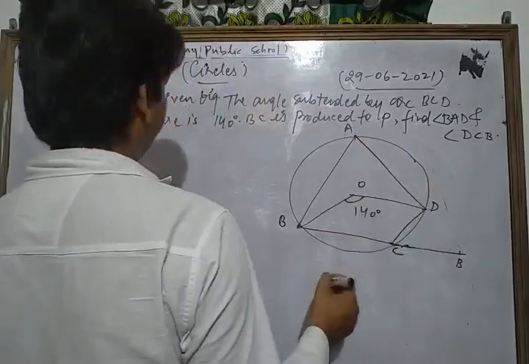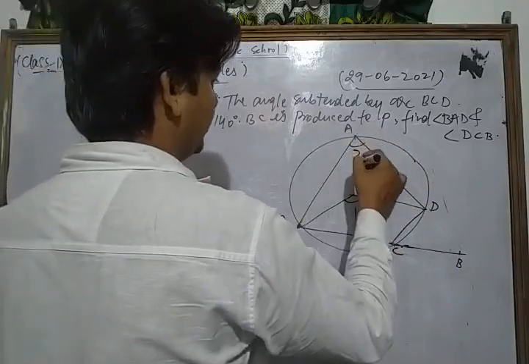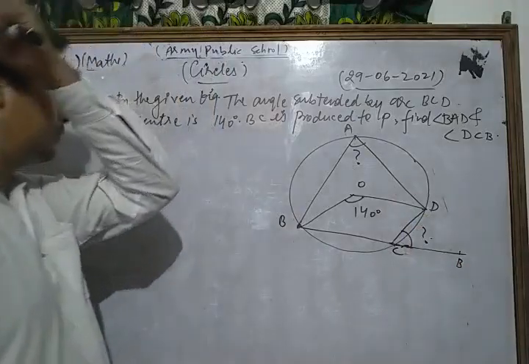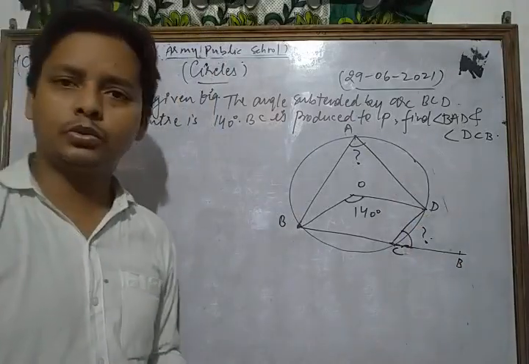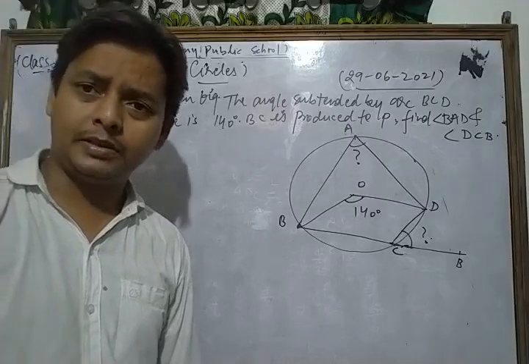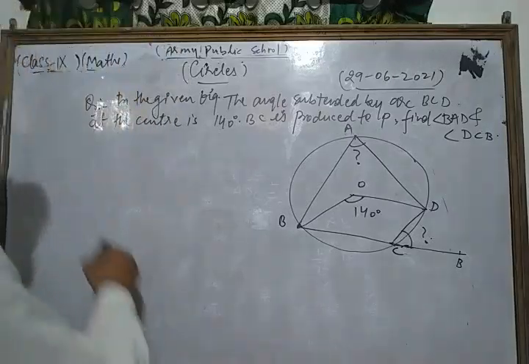We find angle BAD and angle DCB. So look, this is a very important question related to your syllabus topic. Let's see its solution.